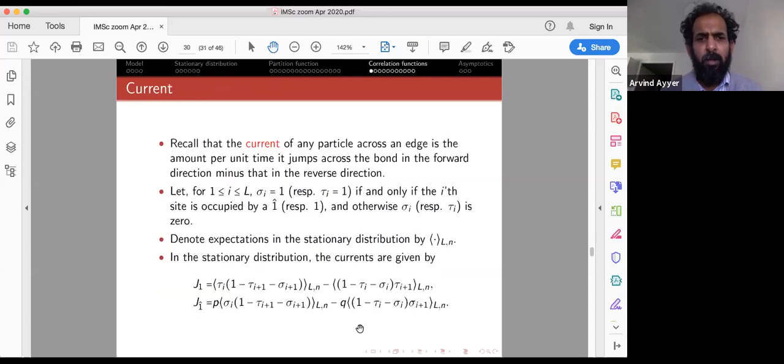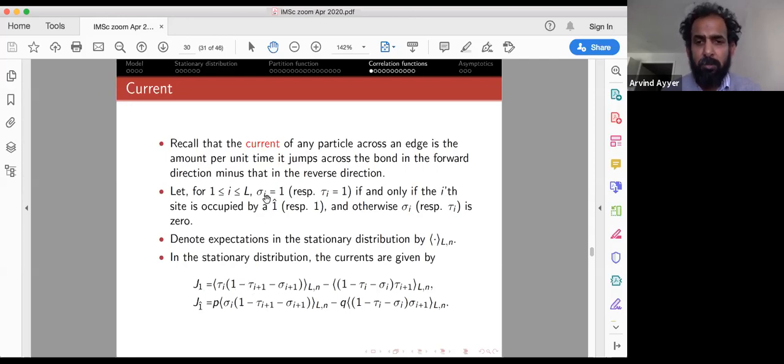Okay. All right. So as I mentioned, we were interested in the current. Now we have two kinds of particles, ordinary particles and the tracers, and so there are two kinds of currents, which I'll call J sub 1 and J sub 1 hat. If you denote by angle brackets expectations in the stationary distribution, then J1 is the probability that there's a 1 at the ith site and a 0 at the next site.